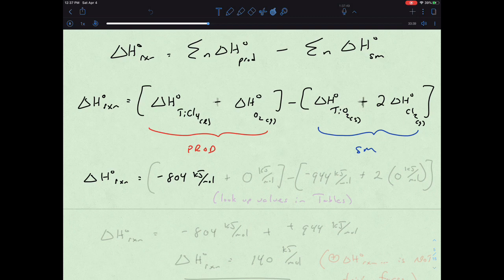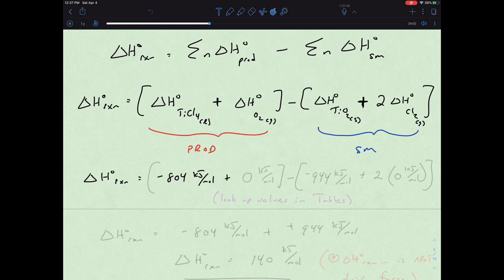And I apologize for that expression above. We should have plus signs in those brackets, which I'm correcting right now, because we want to take the sum of the products minus the sum of the starting materials. So we should have addition signs within those brackets.